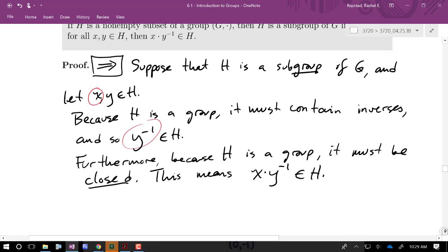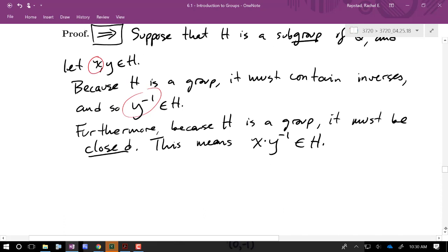So the other direction takes a little bit more work. What we're going to do now is not suppose H is a subgroup anymore. We're just scaling it back to saying we know H is contained in G. It's a subset.